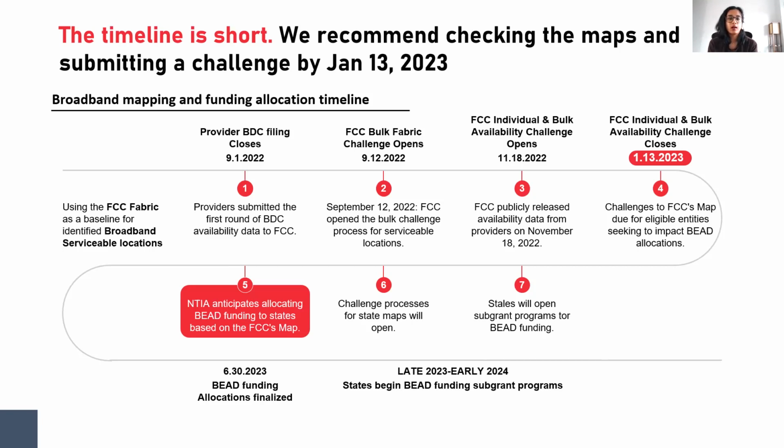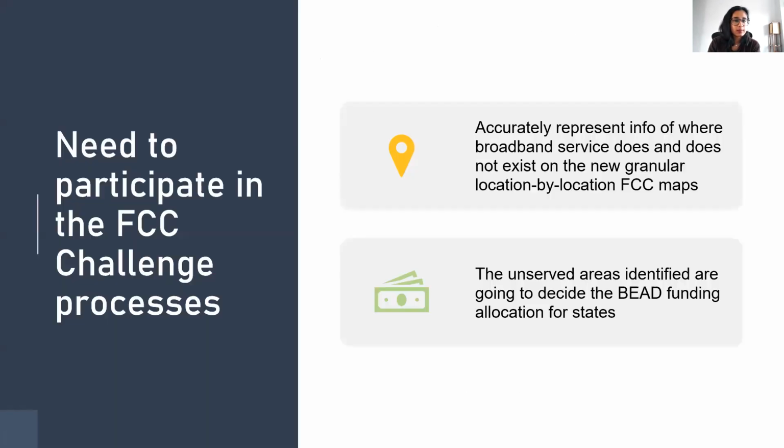So again, it's these maps that are going to affect funding, and we want to make sure they're as accurate as possible so that funding is fairly distributed among states in the country. Then in late 2023 and early 2024, states will begin with their sub-grant programs with the BEAD funding that they receive. That's the timeline.